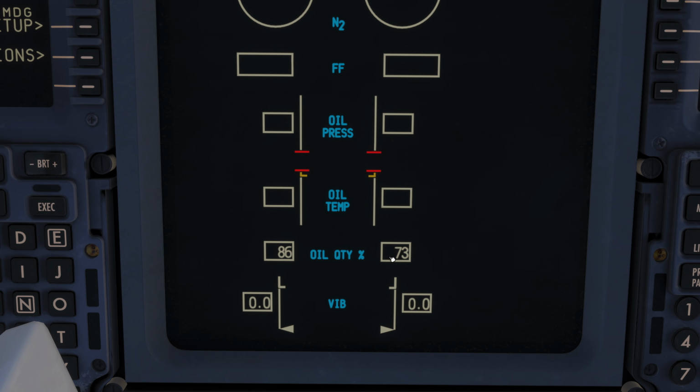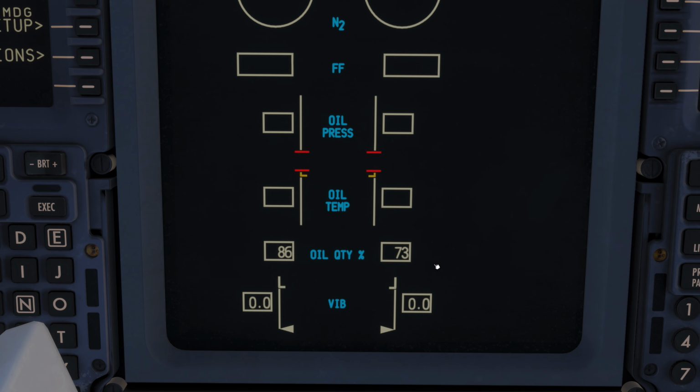Lastly, we got the oil quantity. Now, the oil quantity is always taken in the oil reservoir. When the engine is started, oil is sucked from that reservoir into the engine. Therefore, we only care about the oil quantity indication here on the ground.